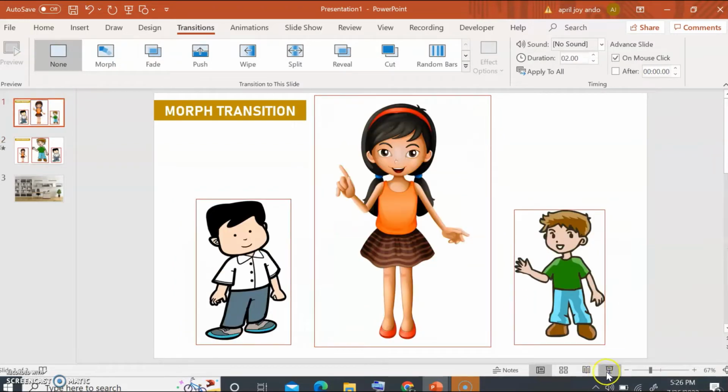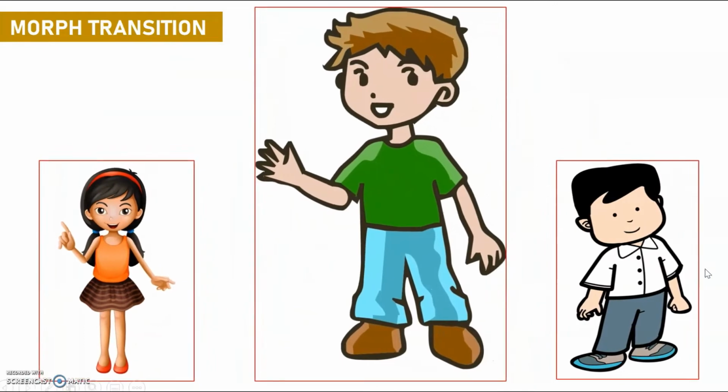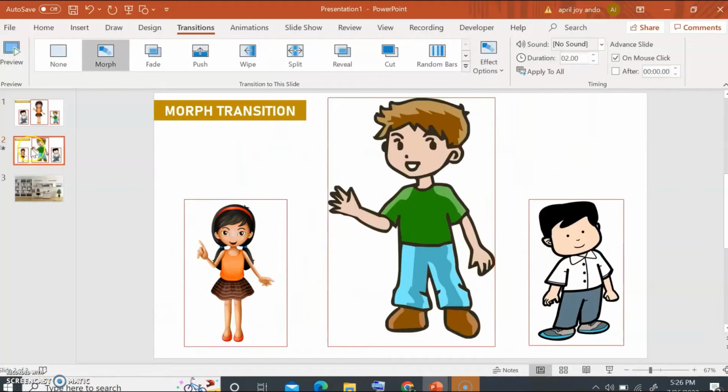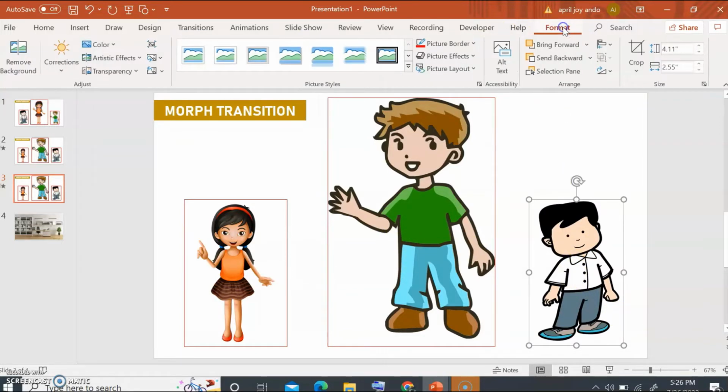Let's look at that in the slideshow presentation. Okay, so let's go back. On the second slide, Control D to duplicate. And then similarly, this boy will now be moved to the center. Let's go to Format, bring to front.